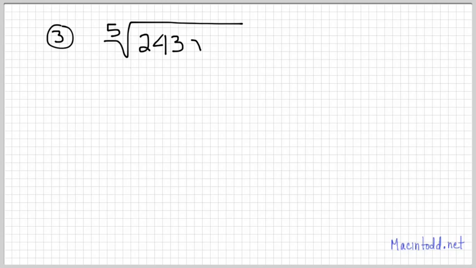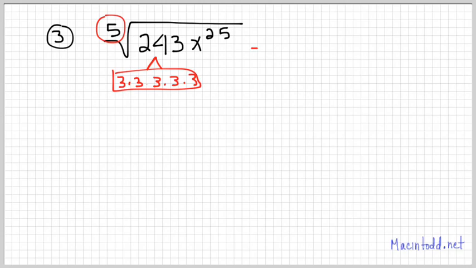Problem number 3, I've got the fifth root of 243x to the 25th. If you remember from the first problem, we saw that 243 was made up of 5 3's multiplied together. So that one's done. I want what's multiplied together 5 times, answer 3. So there's the numerical part that comes out of the radical. And now I'm just left with x to the 25th.